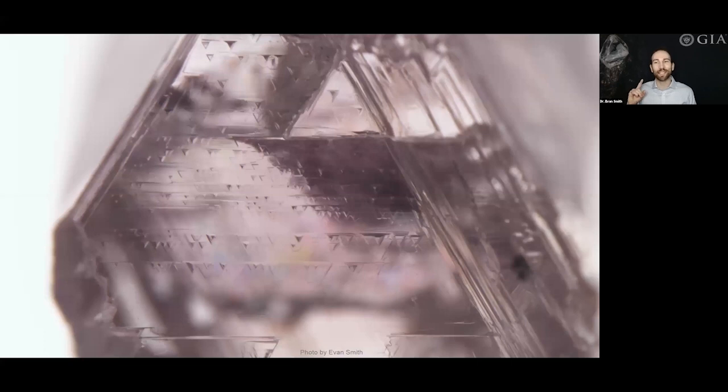There is something else interesting about this diamond. We can see it better if we zoom in. This is a pink diamond, and the pink color is associated with many thin slip planes that cut through the crystal.